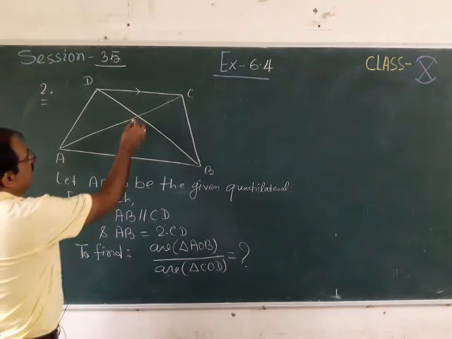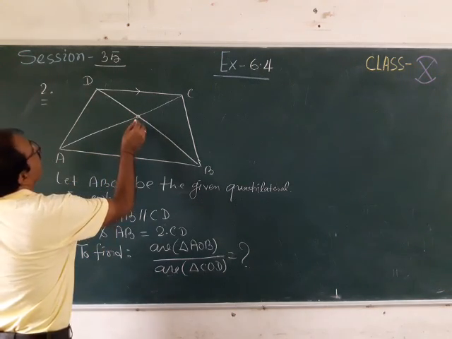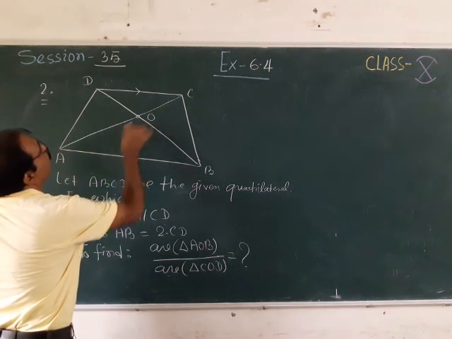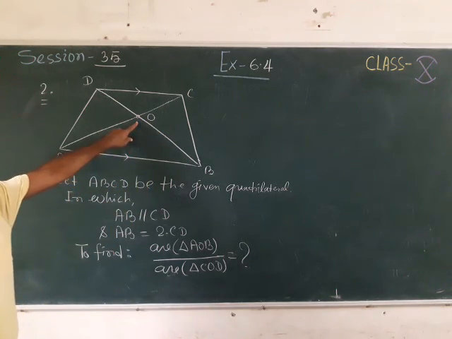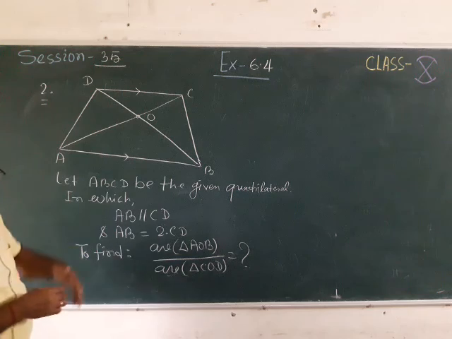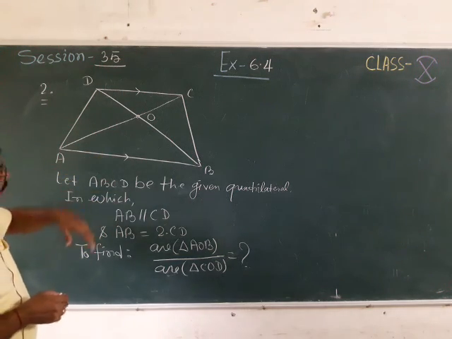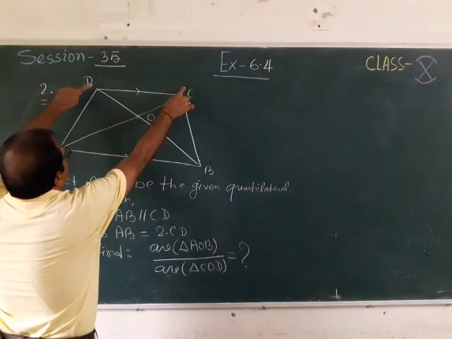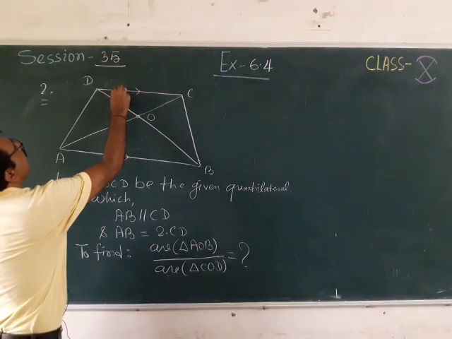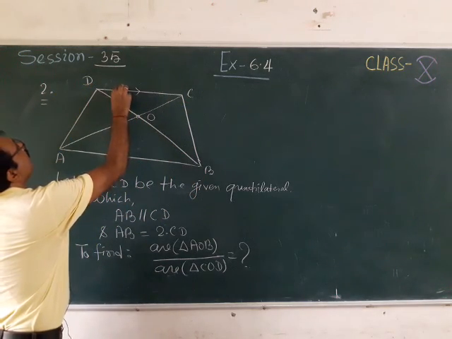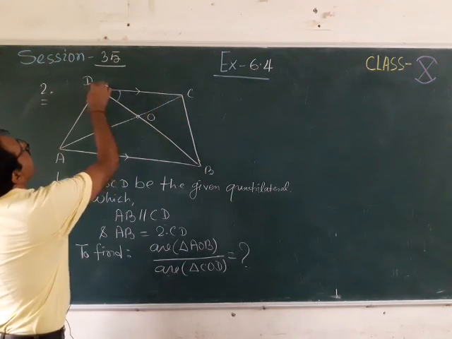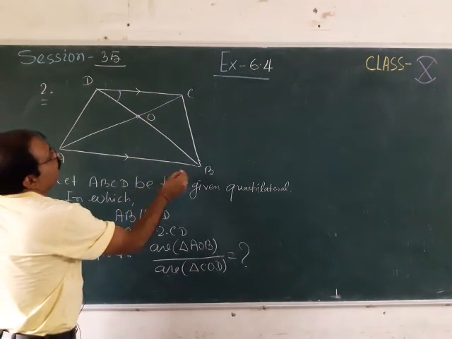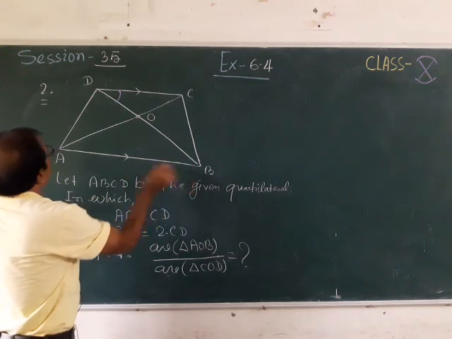In this figure, suppose the point of intersection of the diagonals is O. First, think about these two triangles. As you are aware, if line AB is parallel to line CD, then angle CDO is always equal to angle OBA.